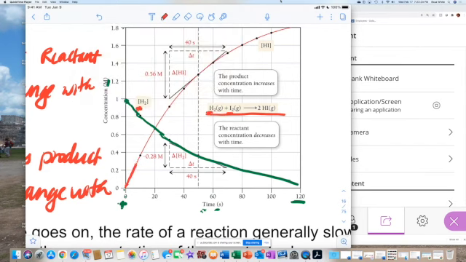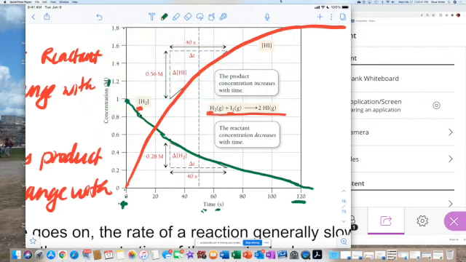It begins to get made and made and made, and it keeps getting made until either one reactant runs out, the limiting reagent, or both run out, and the reaction ends. Eventually, this will flatten out because you make the maximum product possible. Eventually, this will die out because you run out, and it'll be over. The reaction will just end.